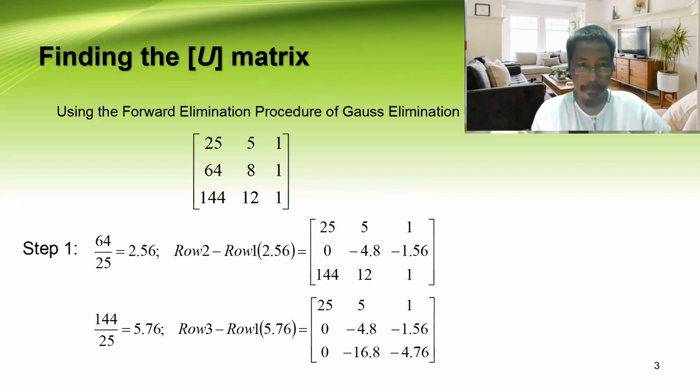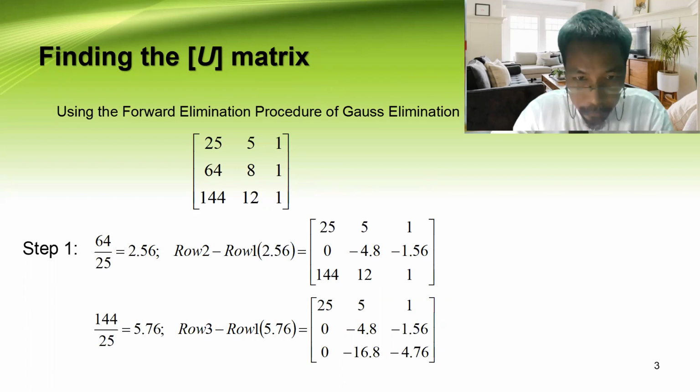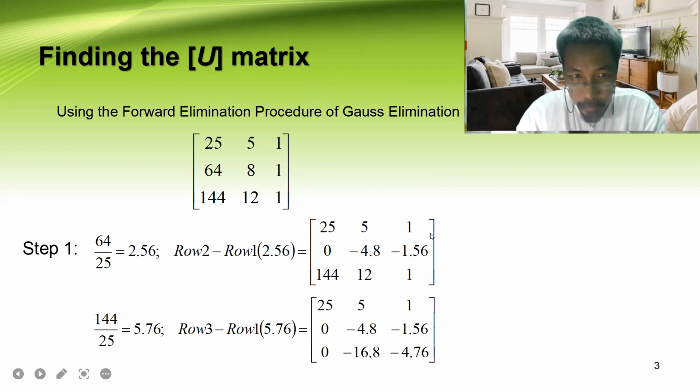So let us have this example of finding the U matrix, which we already know. Using the forward elimination procedure of Gaussian elimination, we have the following. Just like our previous example, the first row has to be multiplied by 64 and divided by 25, so that we can subtract it from row number 2.